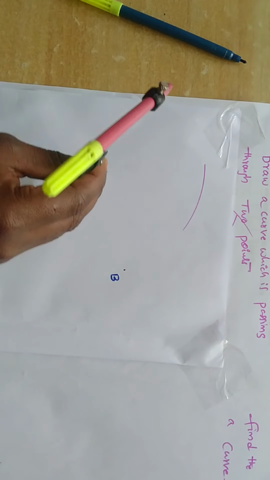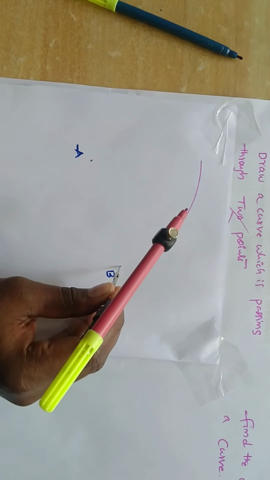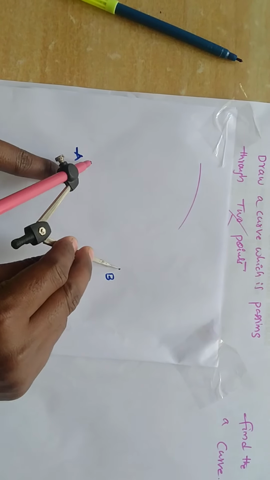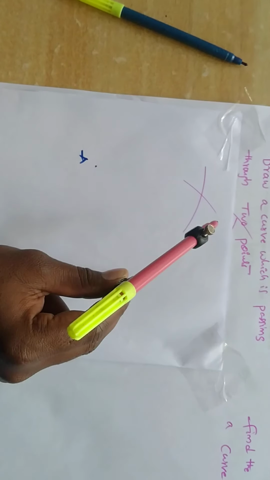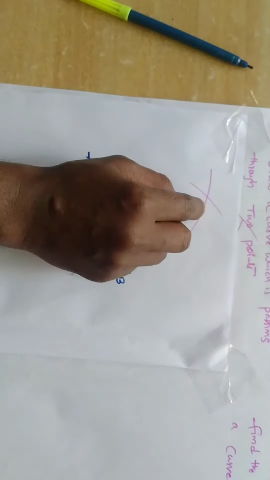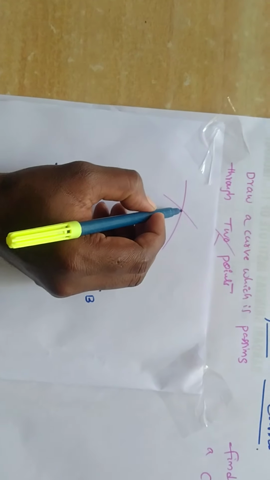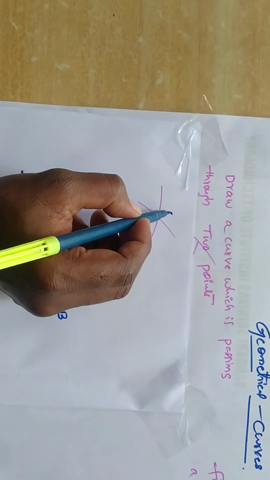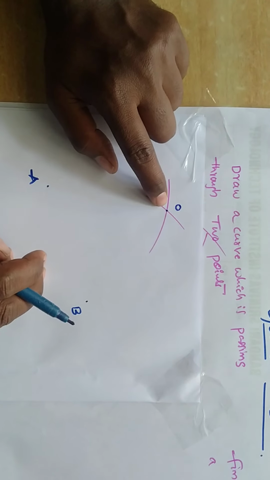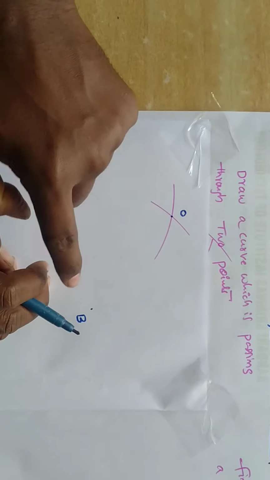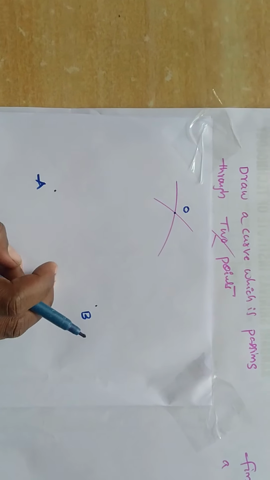Next, from B, with the same BA as radius, make an arc. The intersection point of both arcs represents the center of the curve.